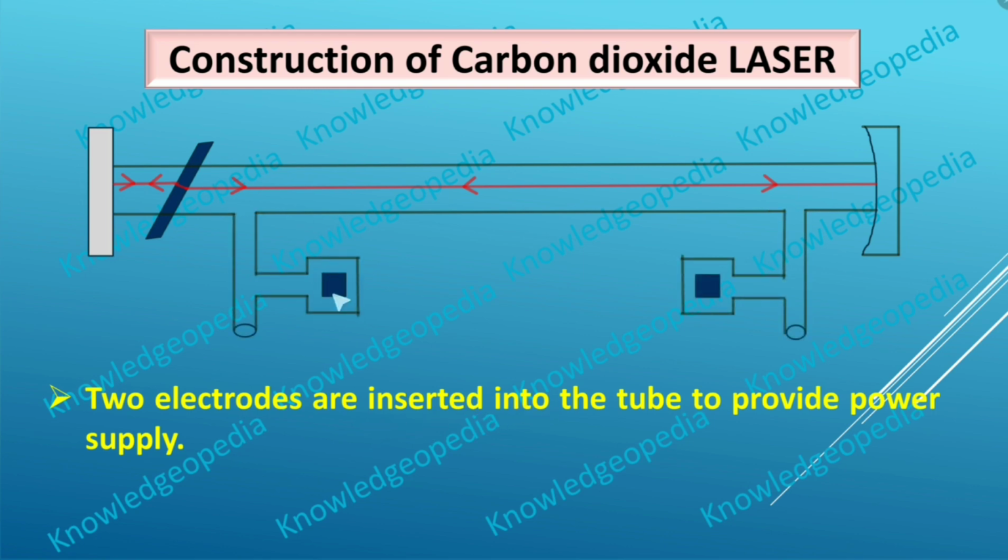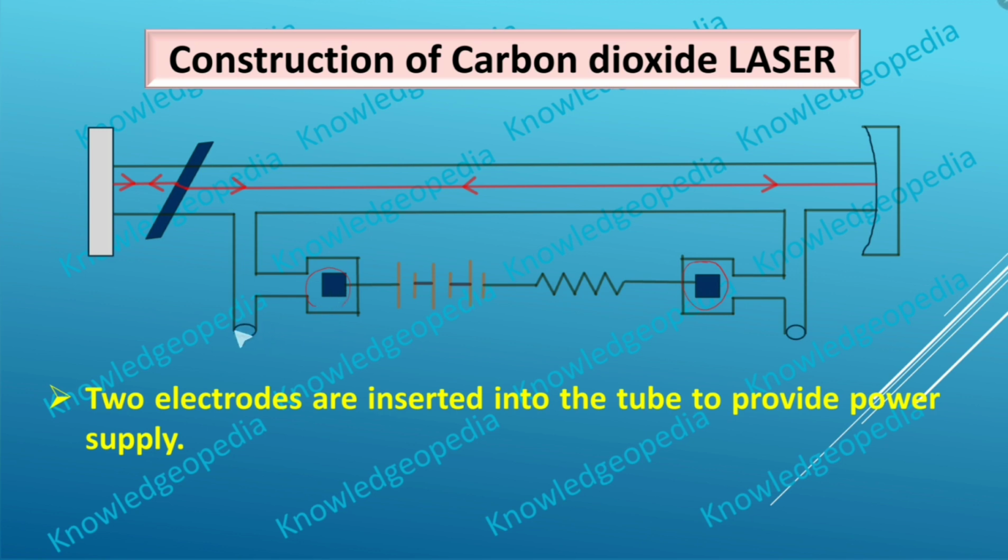Here these are the two electrodes, this and this one. These are connected to this tube, and through these two electrodes we can provide the power supply to the laser.